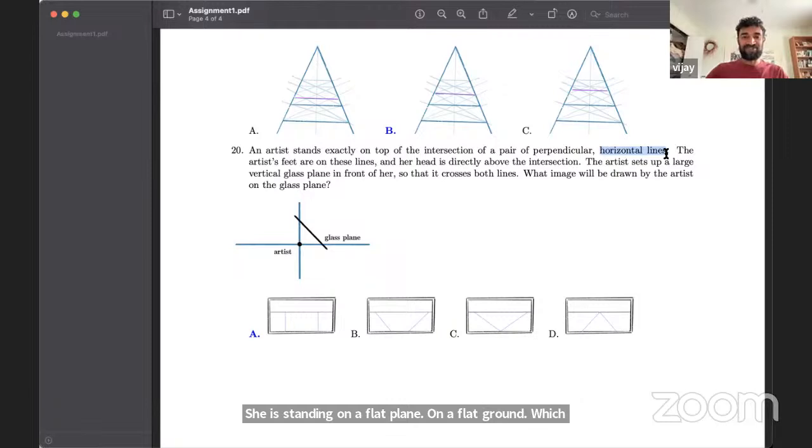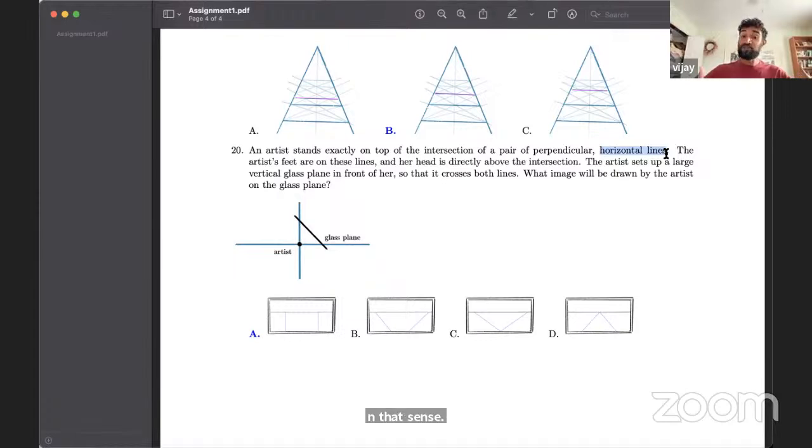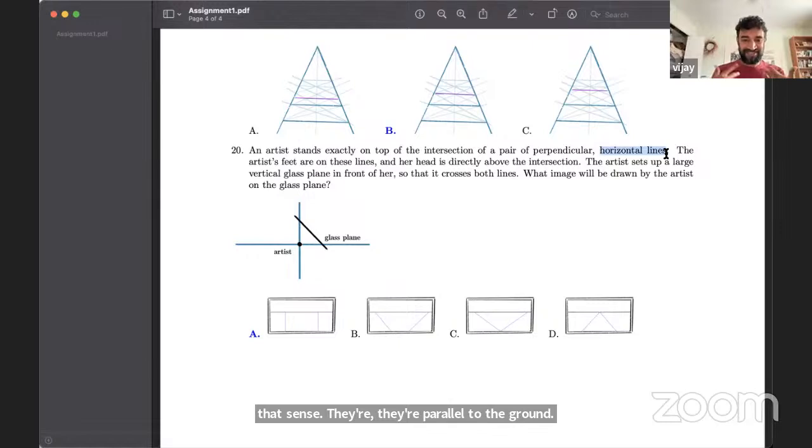And these lines are also on the ground, so they're also horizontal from her point of view in that sense. They're parallel to the ground, and they're perpendicular to each other. Though, as Sandeep just said, that part is a bit of a red herring. That's not significant. They could have been intersecting at a different angle, and that wouldn't change the answer.